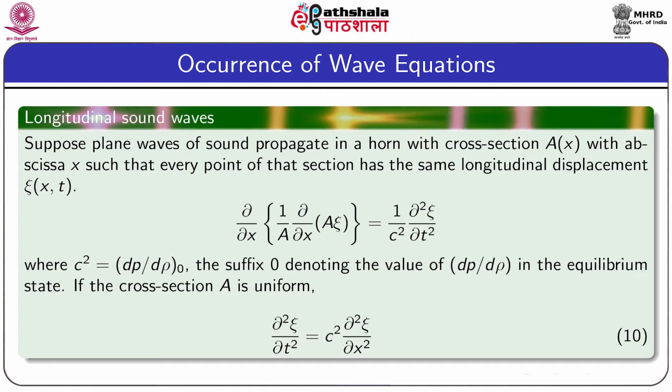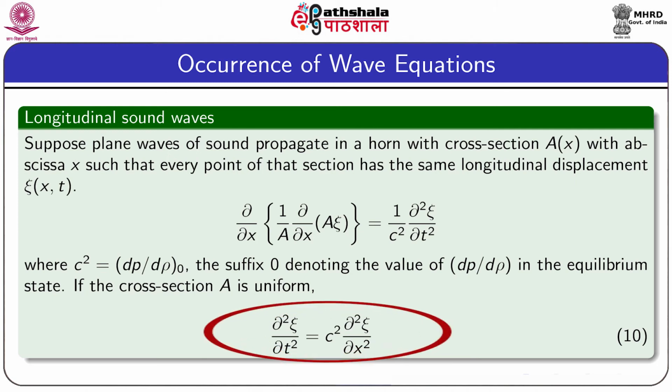Now, if you assume that the cross section A is uniform, then A can be taken as a constant. Therefore, the above equation reduces to the form del 2 xi/del t square equals c square del 2 xi/del x square. This is again a wave equation in one dimension.